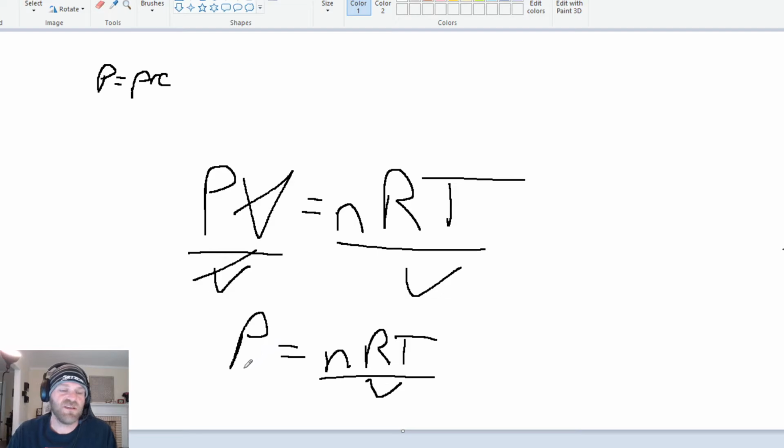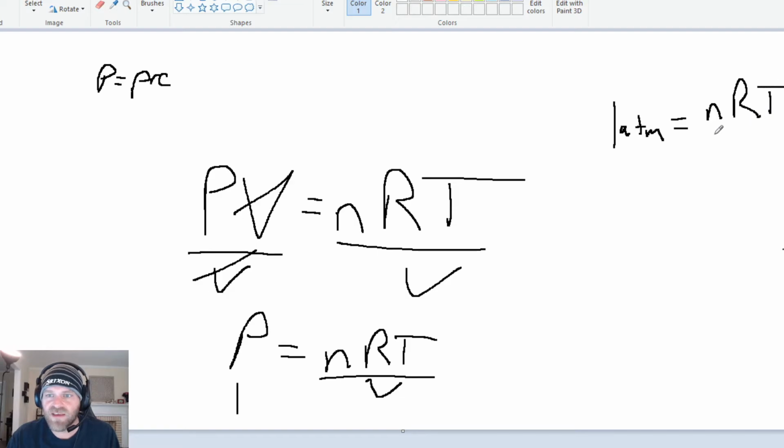So let's just check it out. Let's say my pressure is 1 ATM. How will that be affected if I change any one of these other things on this side? Okay. So let's say my initial volume was 2 liters.